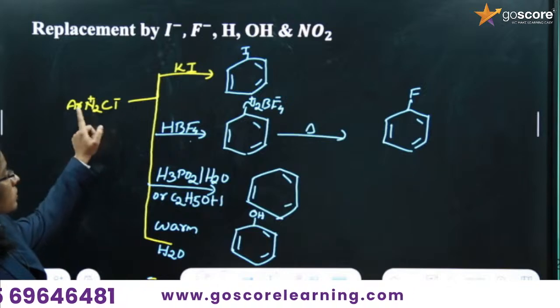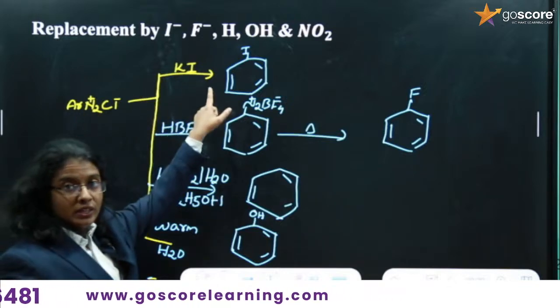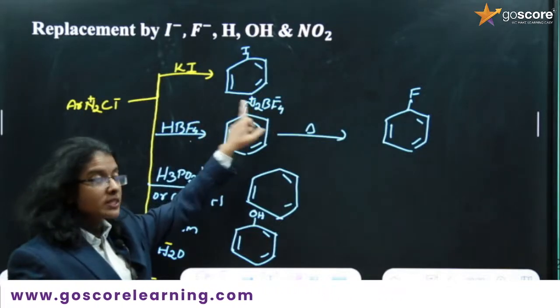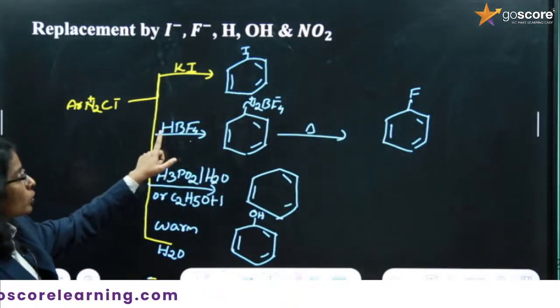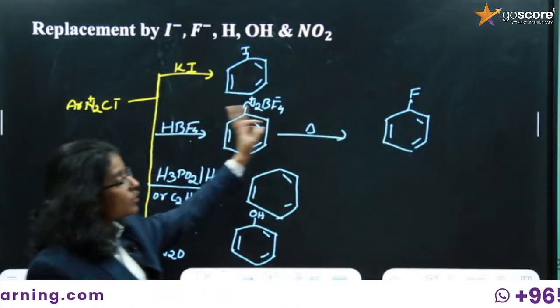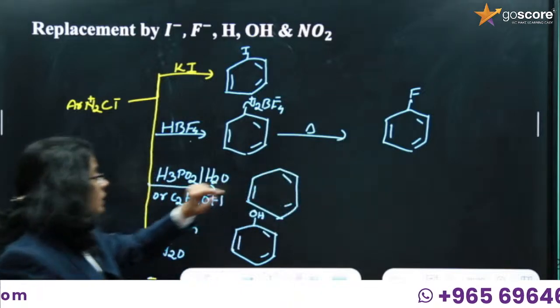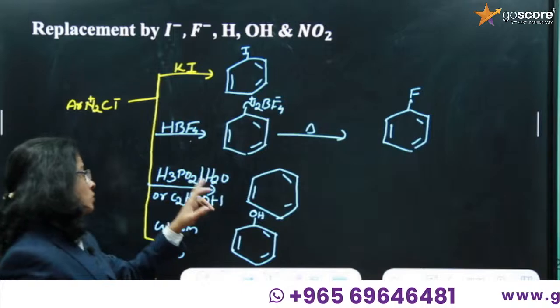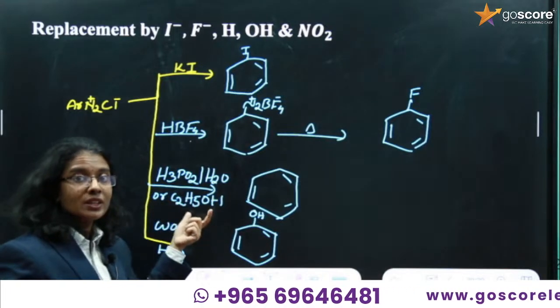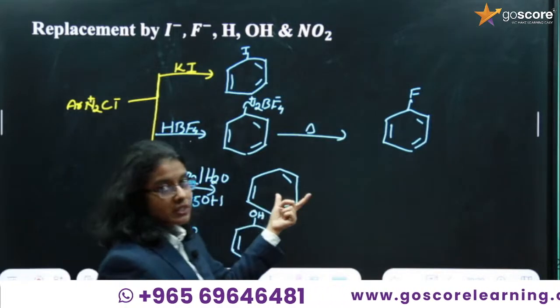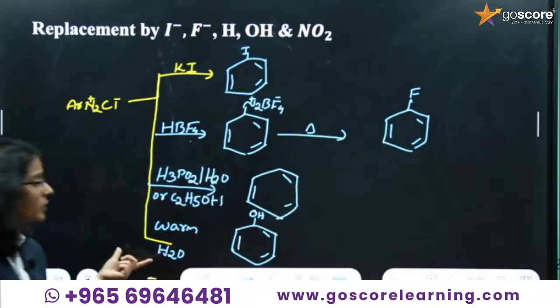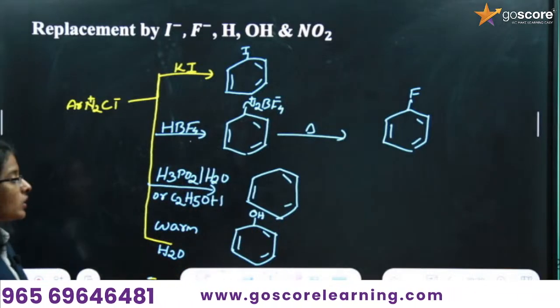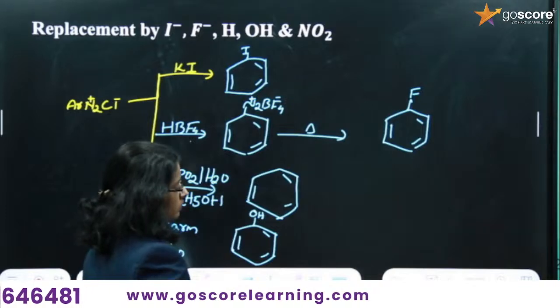If aryl diazonium chloride is treated with potassium iodide, you will get iodobenzene. If you are reacting with fluoroboric acid, then on heating you will get fluorobenzene. If you are reacting with hypophosphorous acid in water, or treating with ethanol, you will get benzene. If you are reacting with warm water, you will get alcohol.